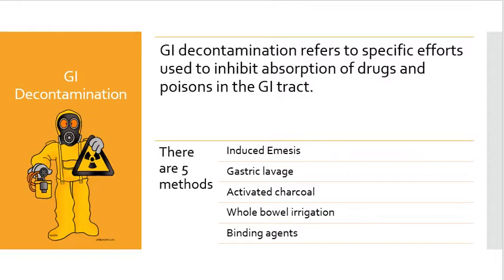Activated charcoal is generally given orally, or it can be given through a gastric tube in doses of 25 to 100 grams, or if it's a child, it's usually about 1 gram per kilo. It's prepared as an aqueous solution with or without sorbitol, and sorbitol helps the toxins that are bound to the activated charcoal pass through the GI tract.